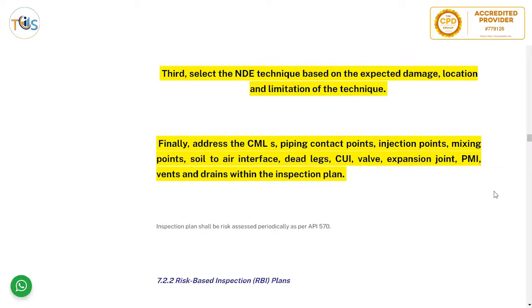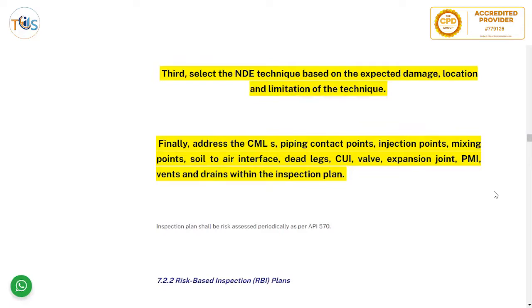Finally, address the CMLs, condition monitoring locations, which are the examination points, testing points, piping contact points, injection points, mixing points, soil to air interface, dead legs, corrosion under insulation, valve, expansion joint, positive material identification of material, vents and drains within the inspection plan.